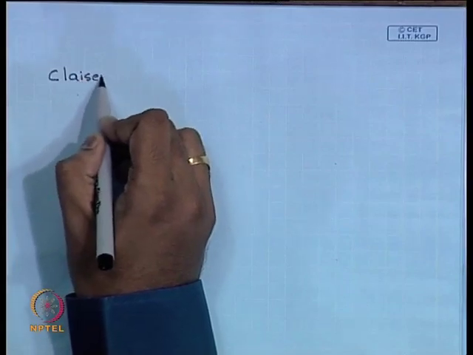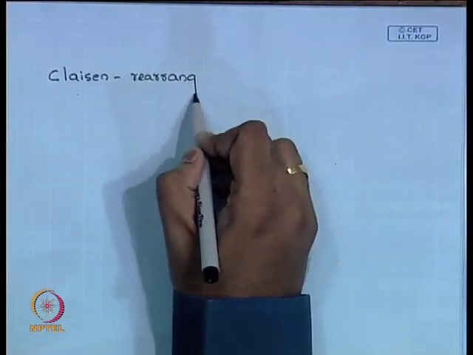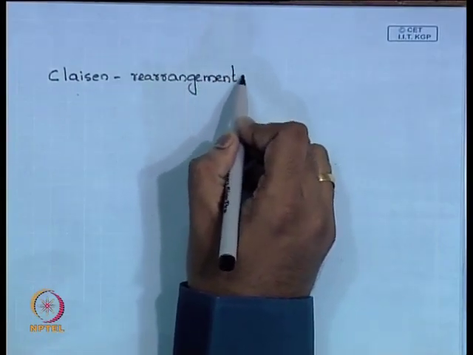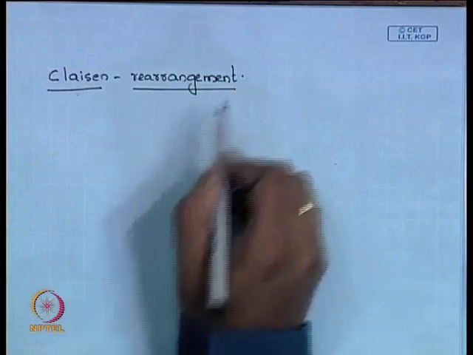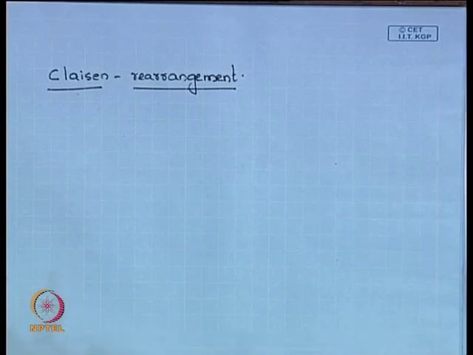Okay. Now I will start giving an introduction. Another important reaction in 3,3 is the Claisen, after Cope. So, Claisen is similar to your Cope, just that you will have an oxygen in the system, right.